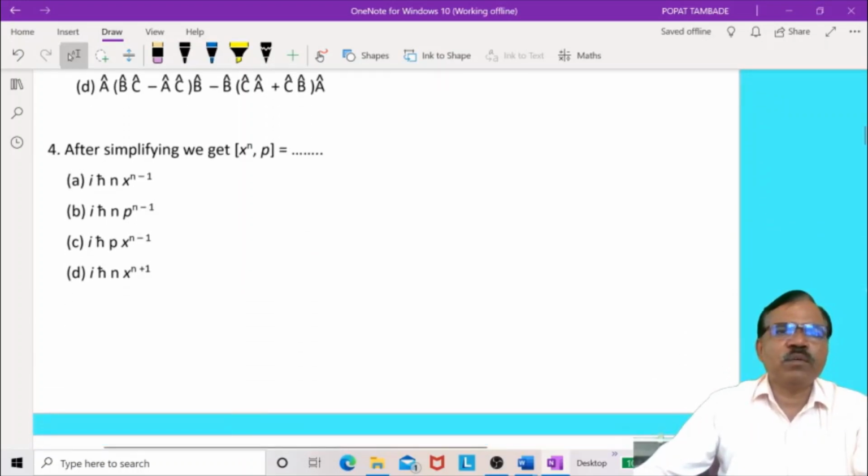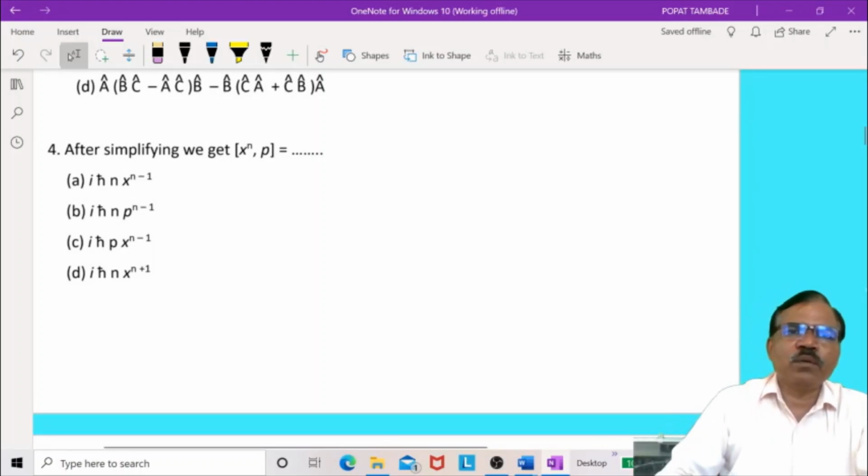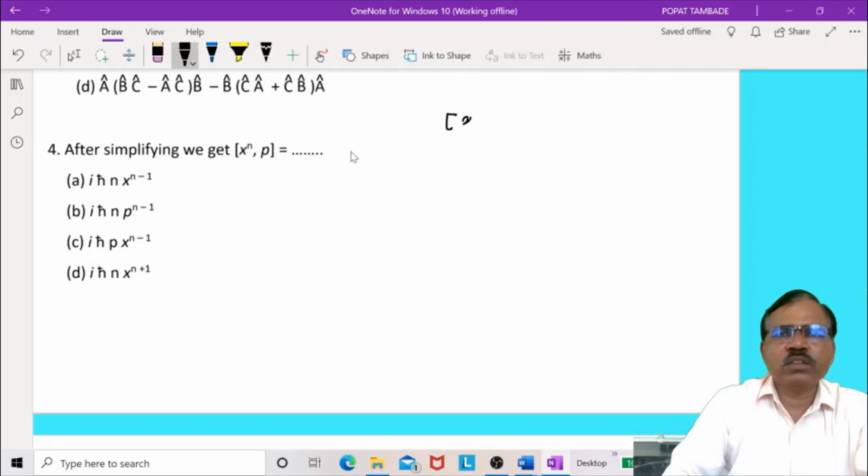After simplifying, we get the commutator bracket of x to the n with p is equal to. Now here we know the commutator bracket x comma p is equal to i h bar. So I can write x raised to 1. And we solve this by mathematical induction.